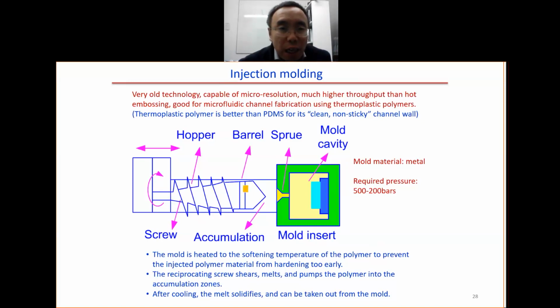The idea is that you fill in the polymer, then you heat it up. It gets melted. Then you do the rotation. It will be pushed into this mold. This is called mold insert at high temperature. Then you cool down so that you make the plastic part. We will see a short video for this one later on.